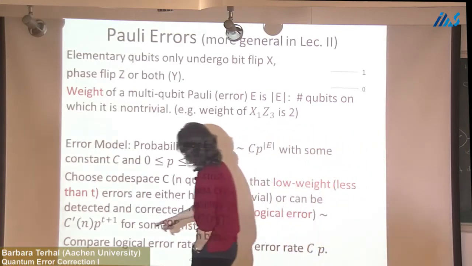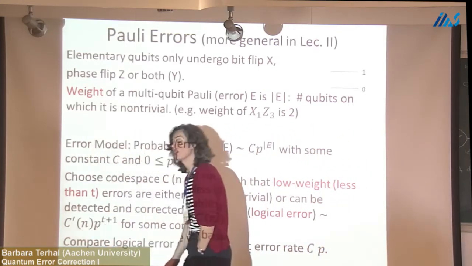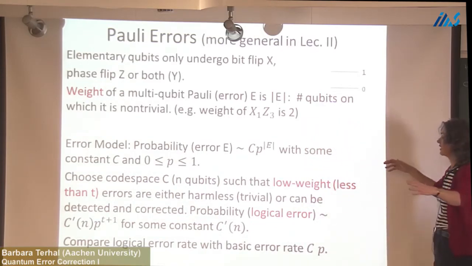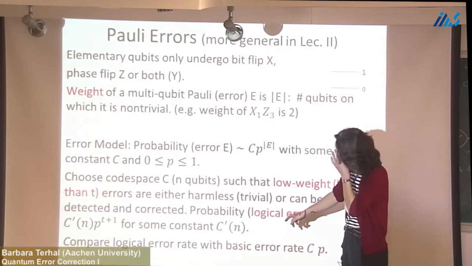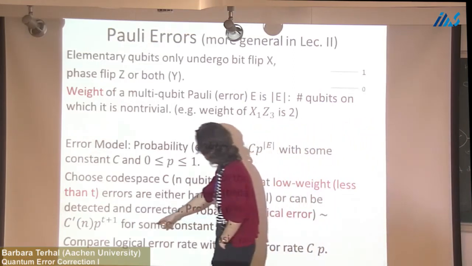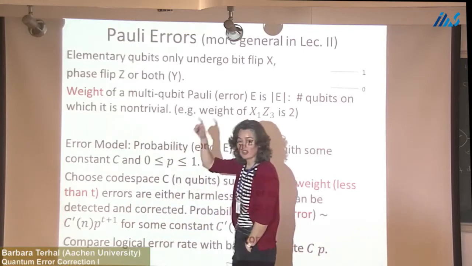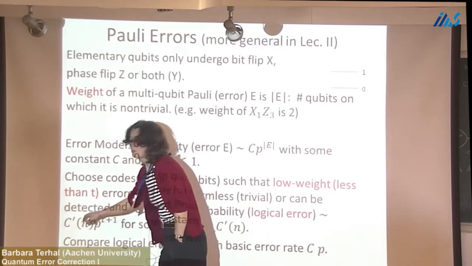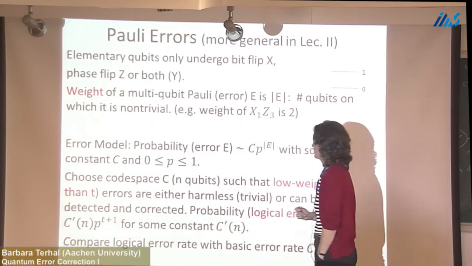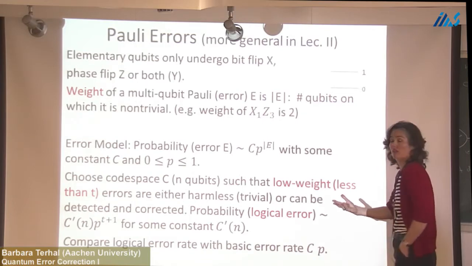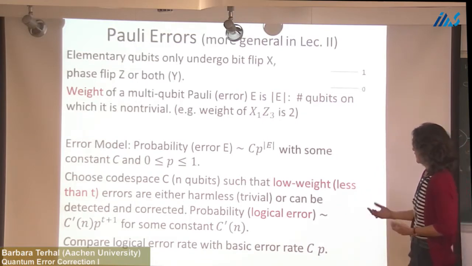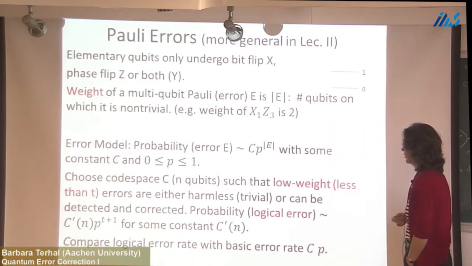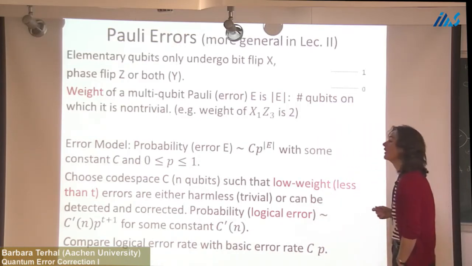And there is some constant which depends on n, because I have an n qubit state, and I have to put t plus 1 errors anywhere, so there are n choose t plus 1 places to do this. So there is some prefactor that depends on n. I don't get everything for free. I do pay because, in some sense, I increase the error rate if I have more data around, more places where errors can occur.